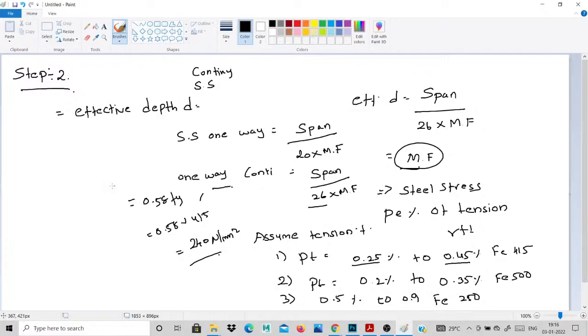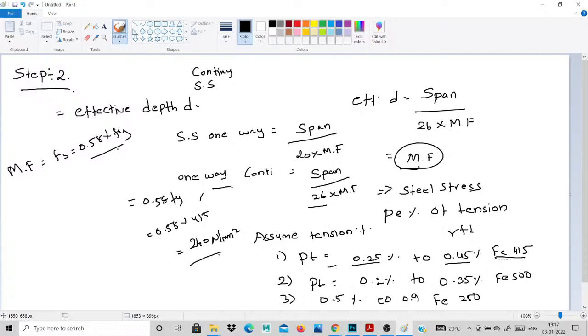How do you calculate the modification factor? First of all, you calculate the Fs value. The Fs formula is 0.58 into Fy. Then you assume the tension reinforcement, the PT percentage.